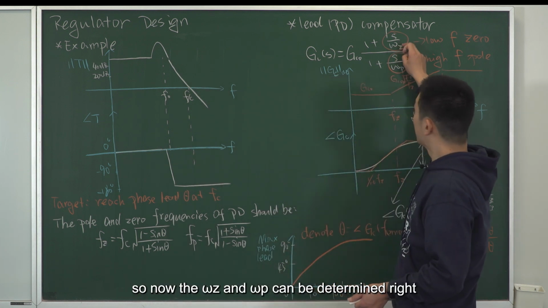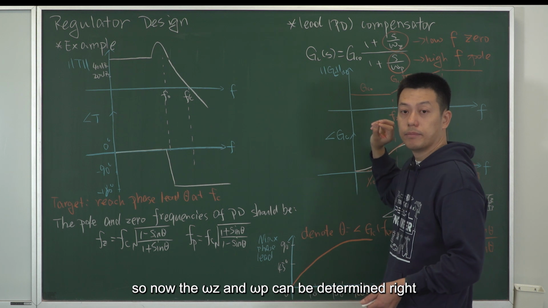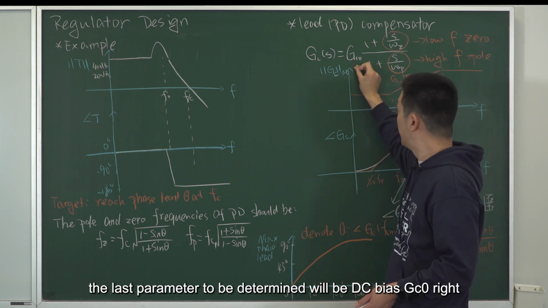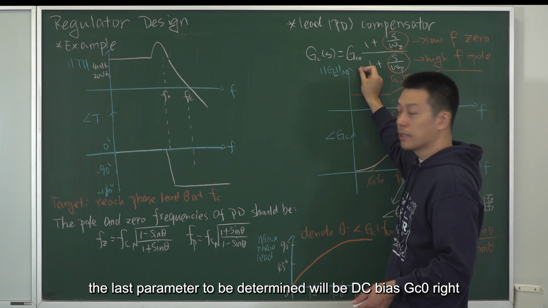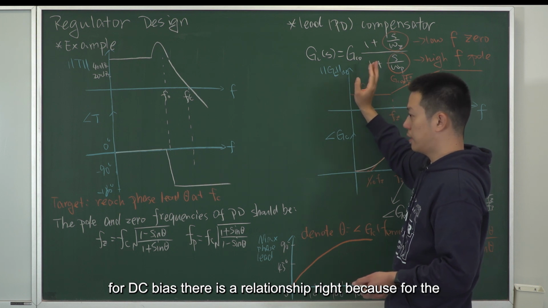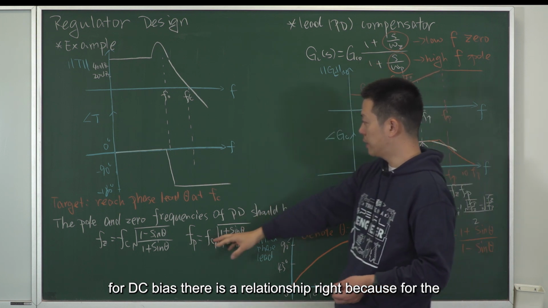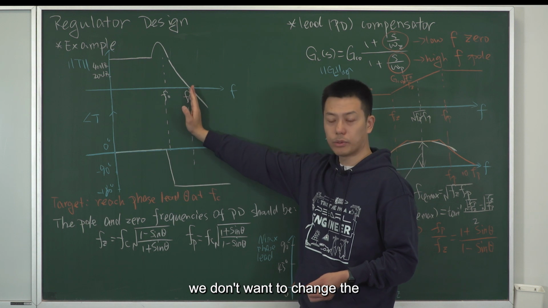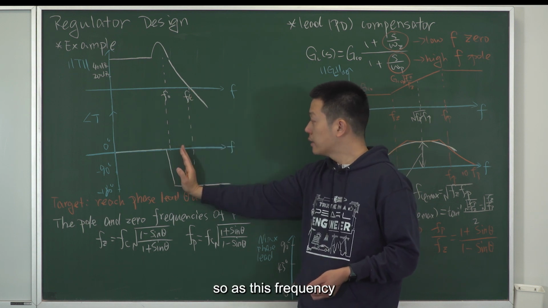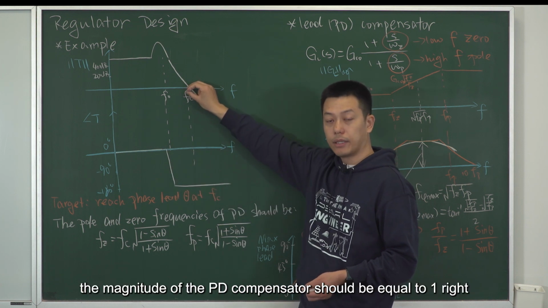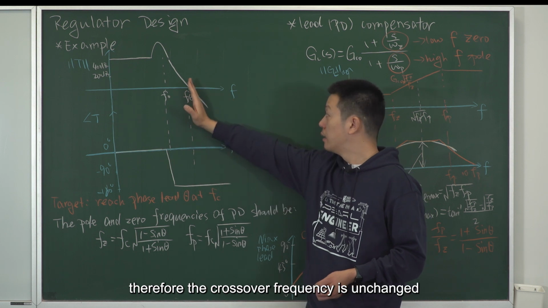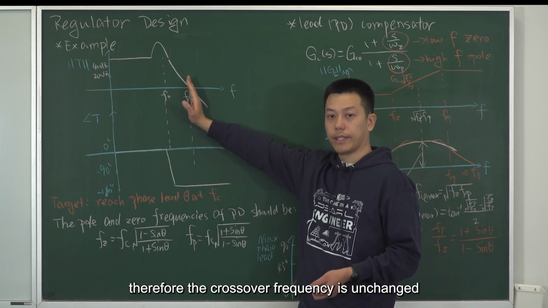So now the omega z and the omega p can be determined, right? The last parameter to be determined will be the DC gain, Gc0, right? For this, there is a relationship, because we don't want to change the crossover frequency point. So at this frequency, the magnitude of the PD compensator should be equal to 1, right? Therefore, the crossover frequency is unchanged.